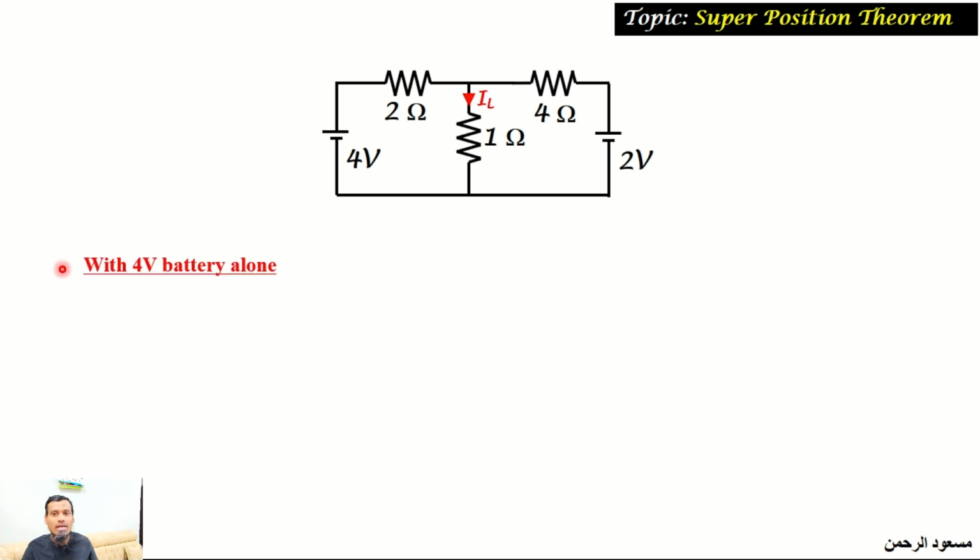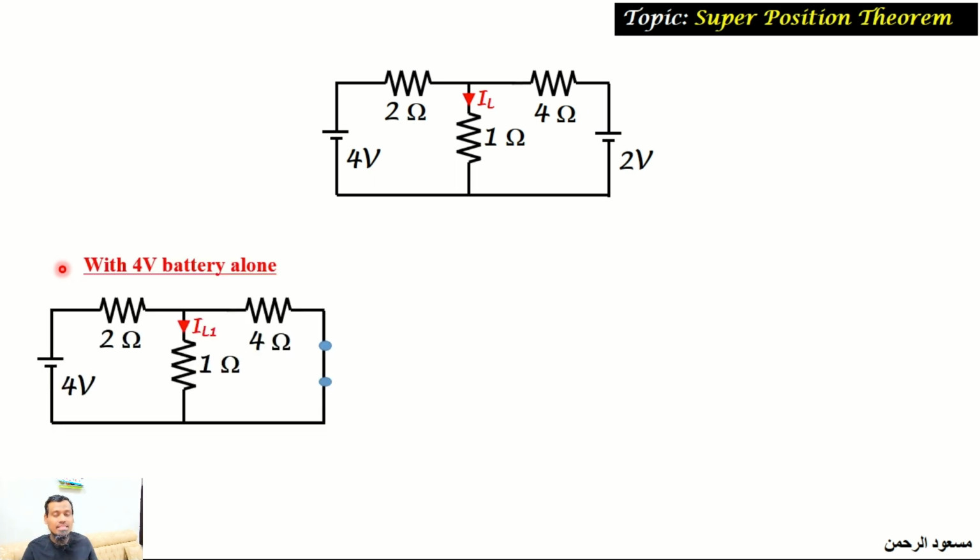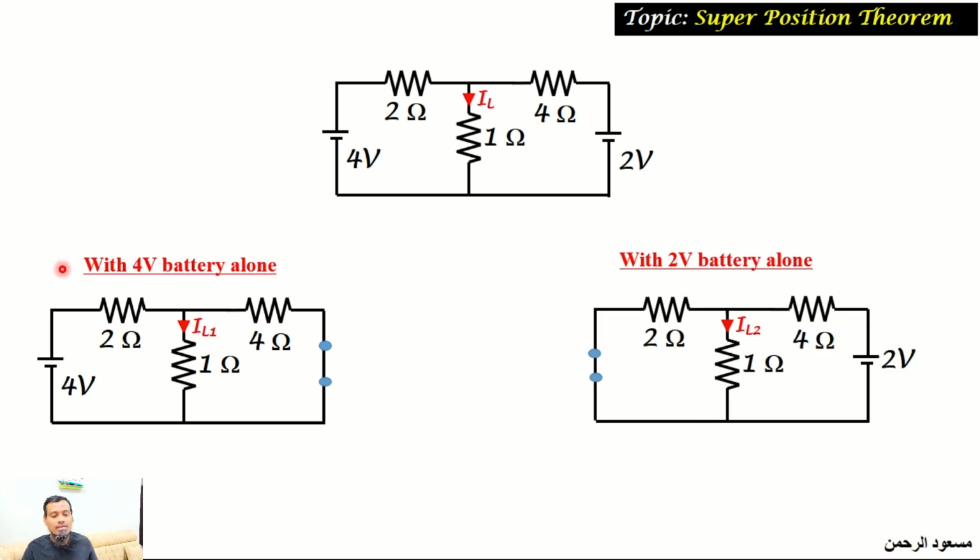So with the 4-volt battery acting alone, we will calculate the current through the same resistance. Since only one battery is acting, we will notate it with a new term called IL1. With the second source acting alone, we will calculate the current through the same resistance. Since the second battery is acting alone, we will notate the current through the load resistance as IL2.